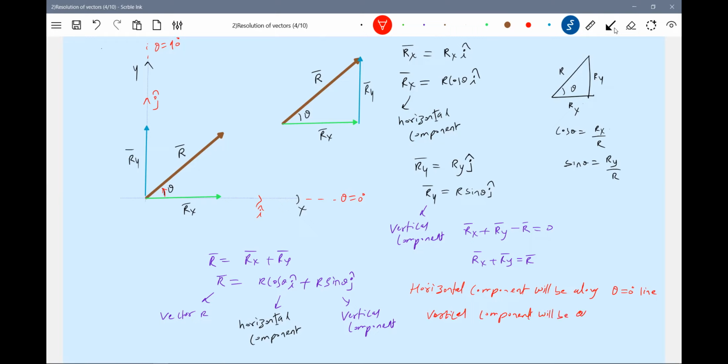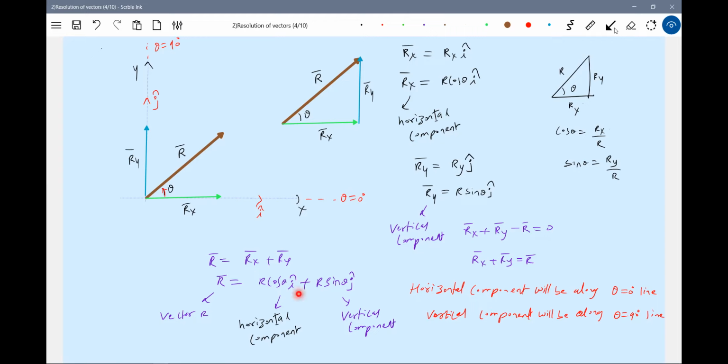The component which is along theta equal to 90 degrees is the vertical component. A component which is along theta equal to 0 degrees is the horizontal component. We are not talking about physical horizontal or vertical, or along x or along y.